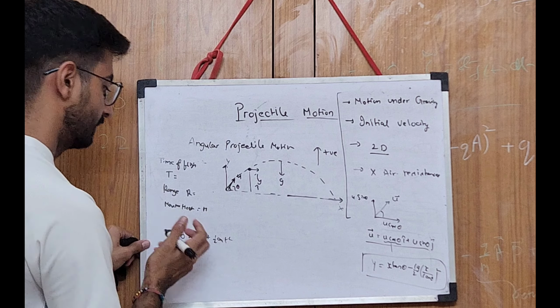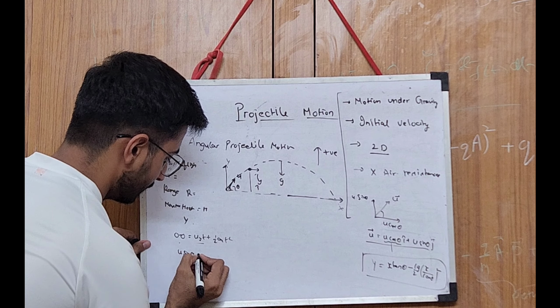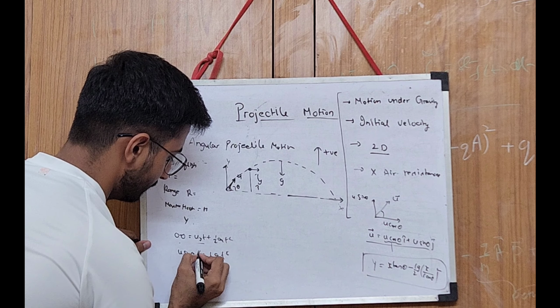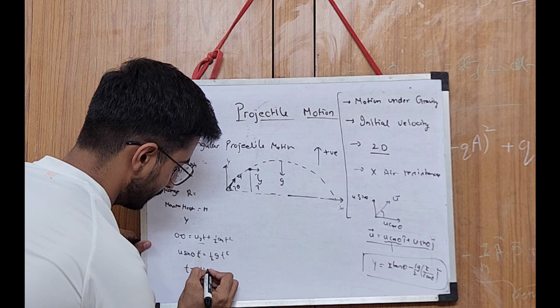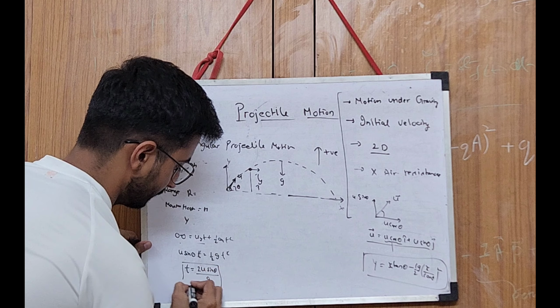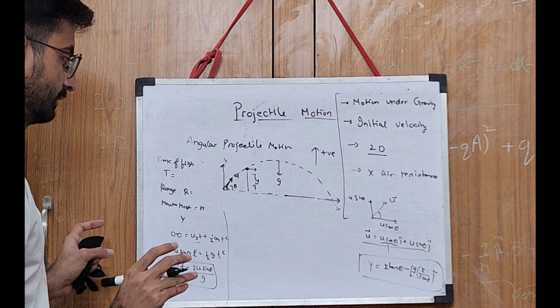Taking this to the other side, uy is u sin theta, one t gets cancelled, half of g t square, one t gets cancelled. So the time period will be 2u sin theta upon g. So this will be the time period for our entire projectile motion.